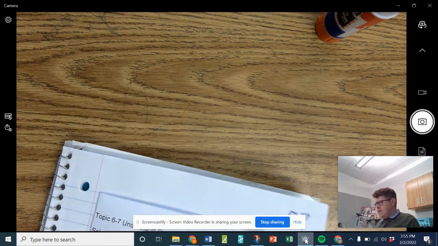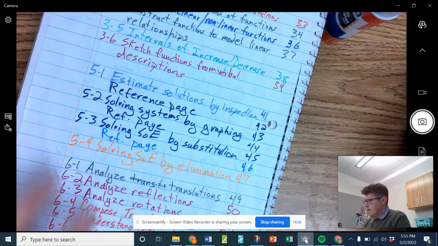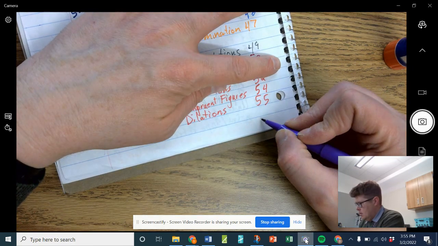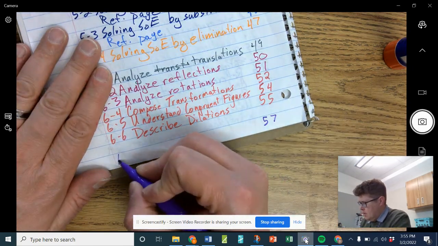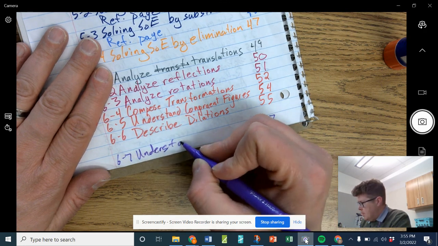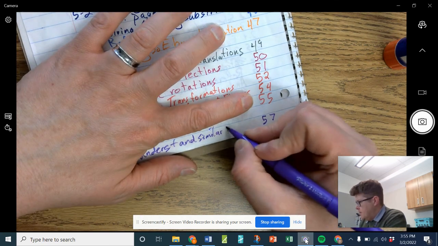Okay. Then 57 will be 6-7. Understand similar figures. And I've got to put something in there in between, but don't worry about that. So understand similar figures, and we're good.